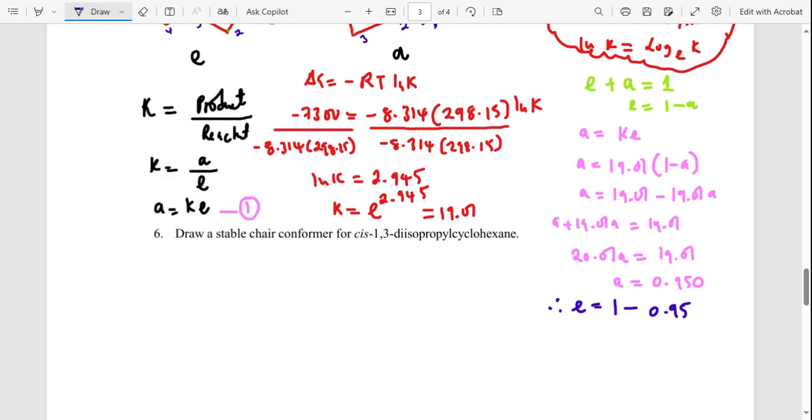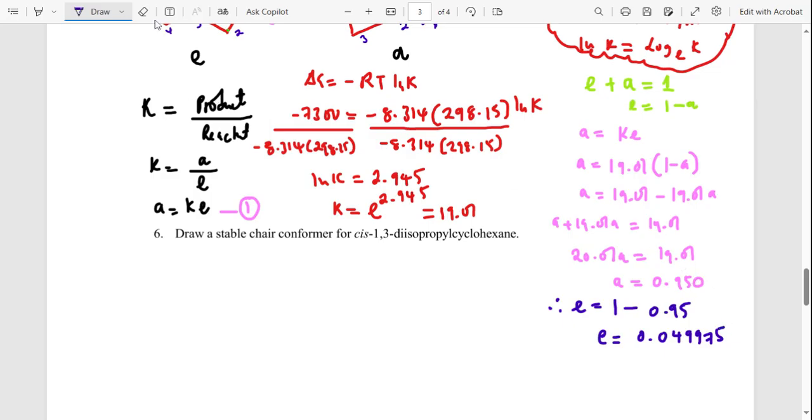So that gives us E being equal to 0.049975.